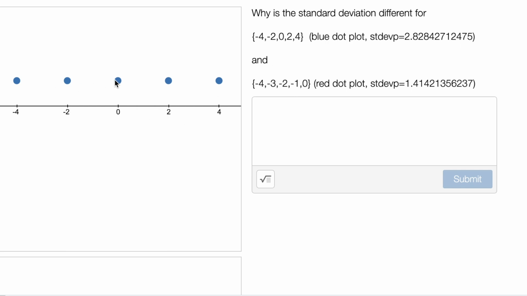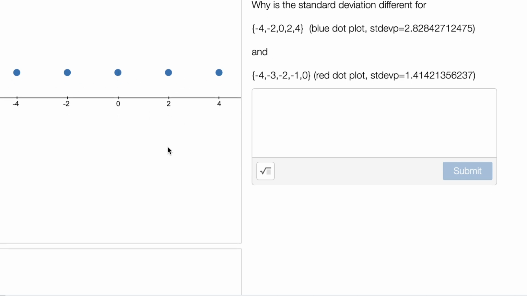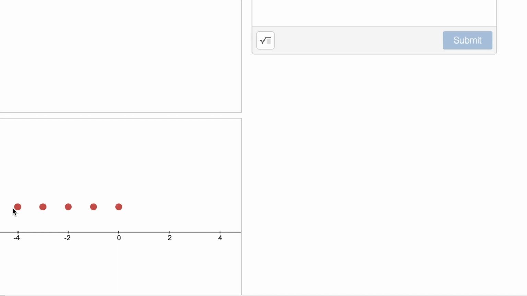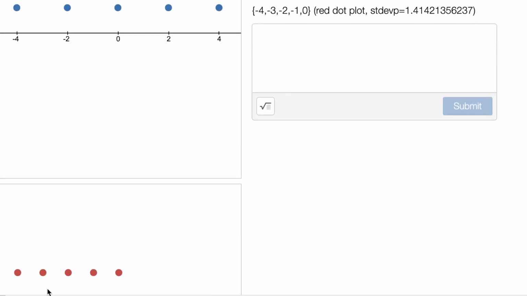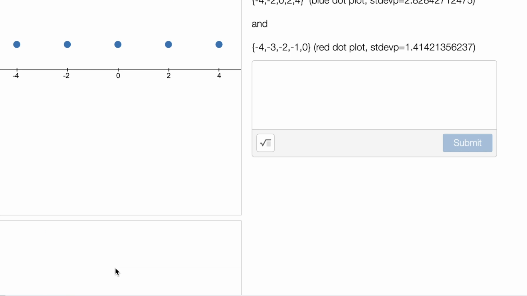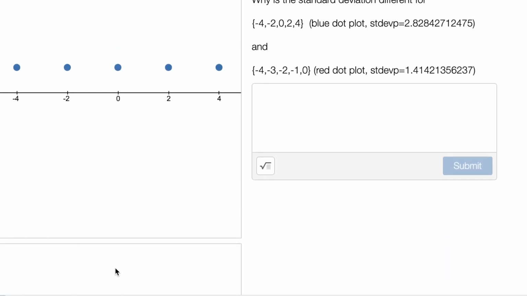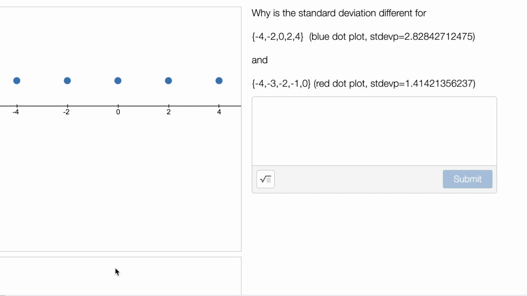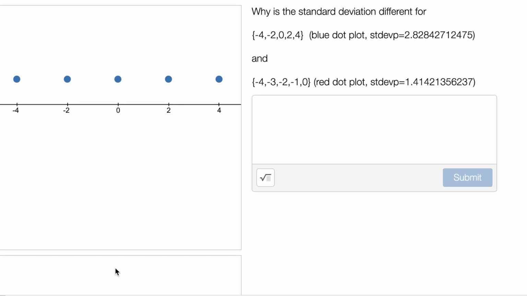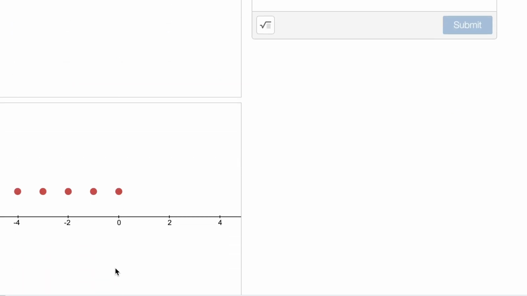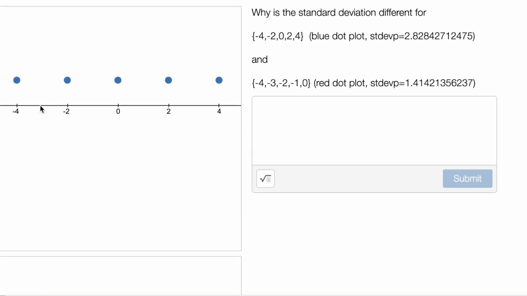We have -4, -2, 0, 2, and 4. And then we have -4, -3, -2, -1, 0. So why is it different for these? Well, if you look, these are one apart. I'm sorry, these are two apart. -4, -2, 0, 2, and 4.